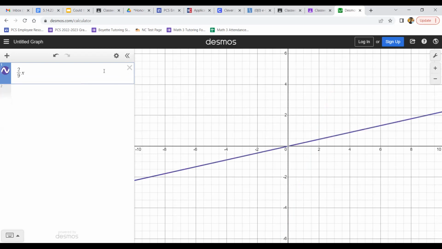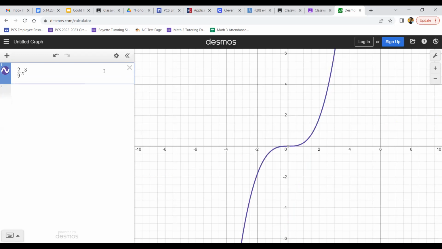To get x to the third, you're going to hit Shift 6. Shift 6. That's how you get that up arrow. To do your division sign, you can hit the question mark key, and that will get your division sign.